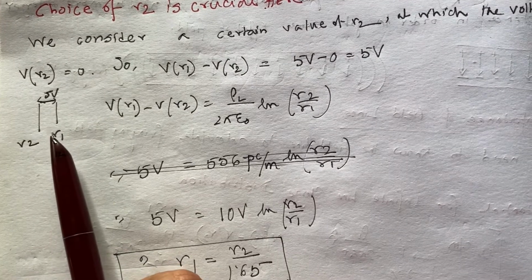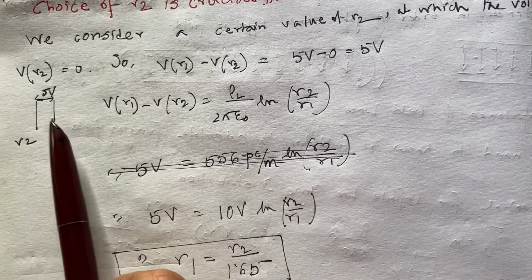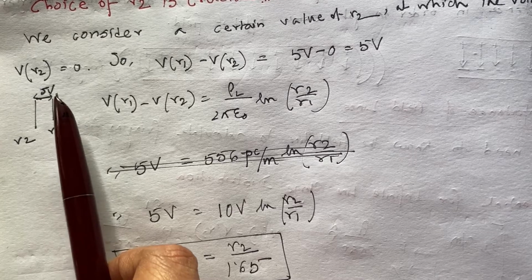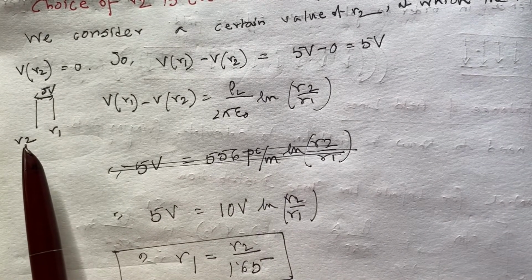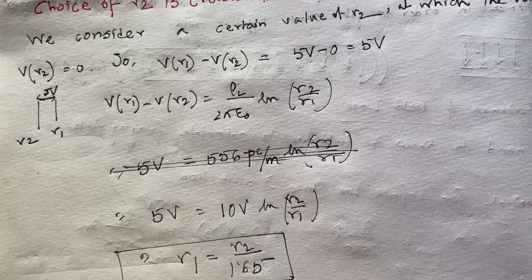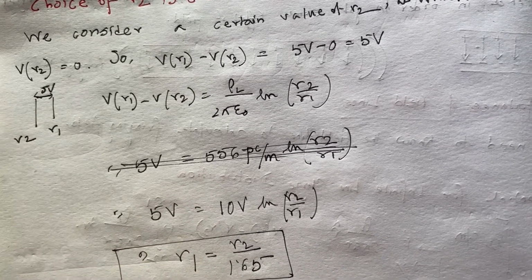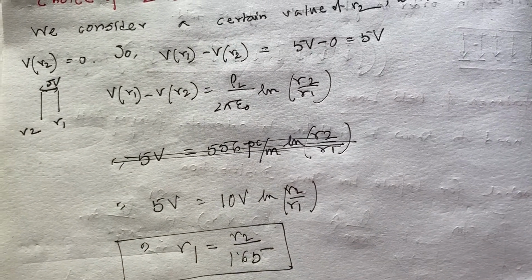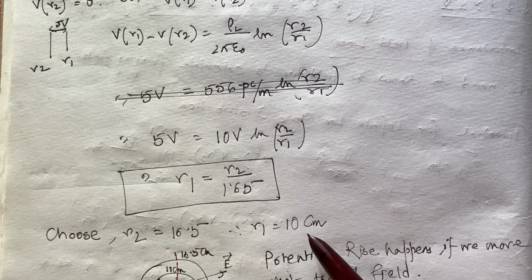The situation is like that. I have two equipotential lines separated by a constant voltage of 5 volt. Now I would like to find R1, because I have already mentioned what R2 is. At R2, that is at the reference point, the potential is equal to 0. So from this calculation, I can easily find out that R1 turns out to be 10 centimeters.